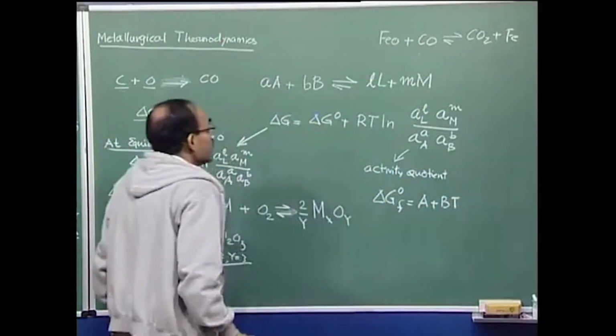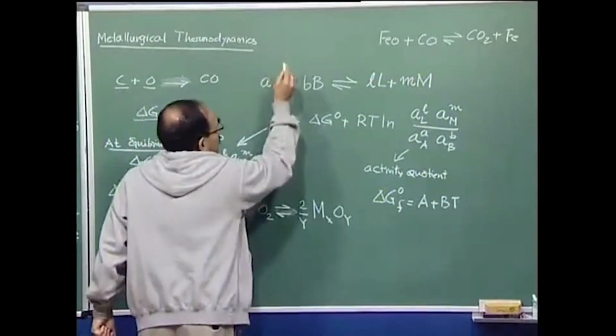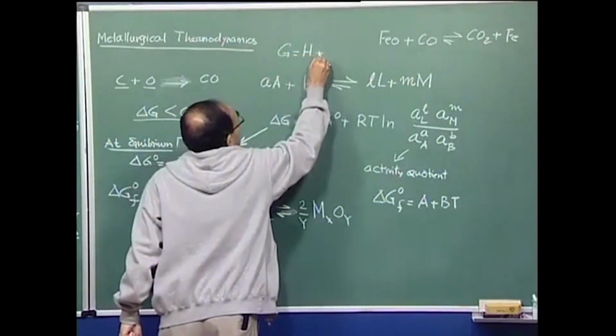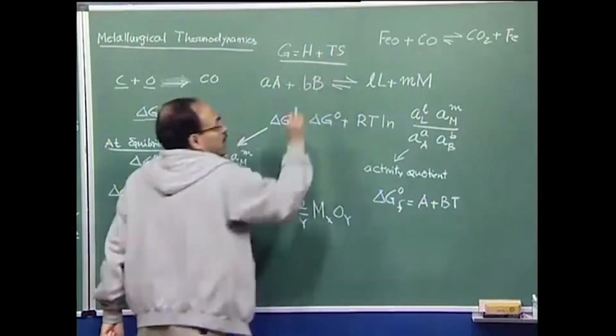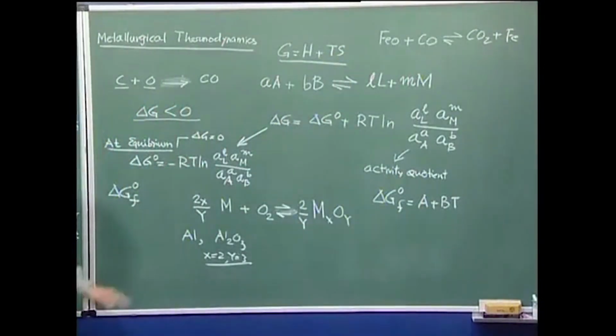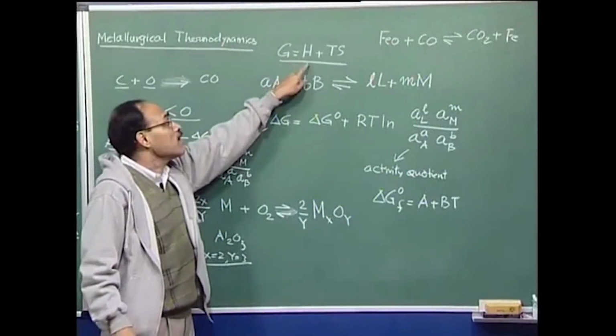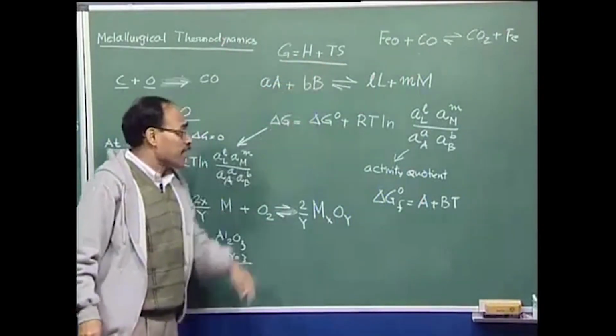Now, you can see that this is a Gibbs free energy expression. Gibbs free energy is expressed in terms of the combined expression of the first and second law, as enthalpy, temperature and entropy.